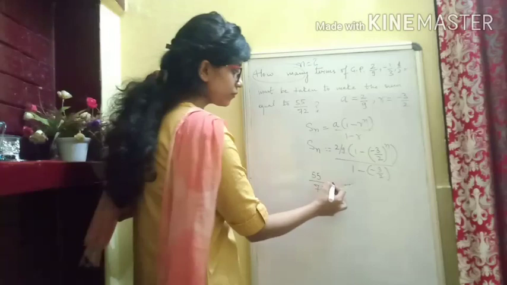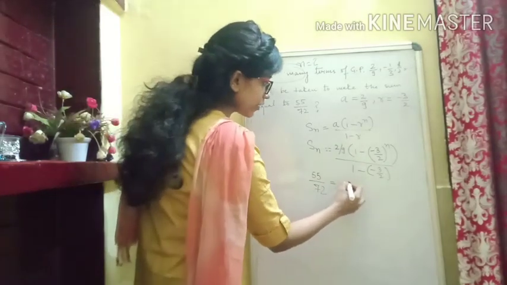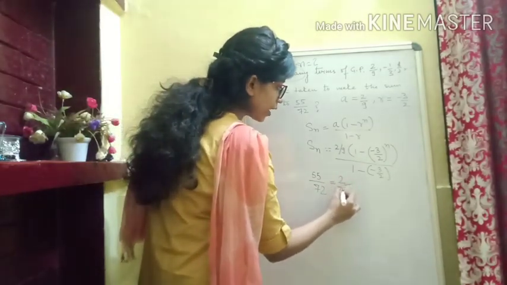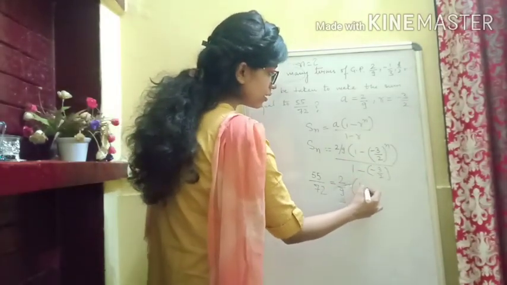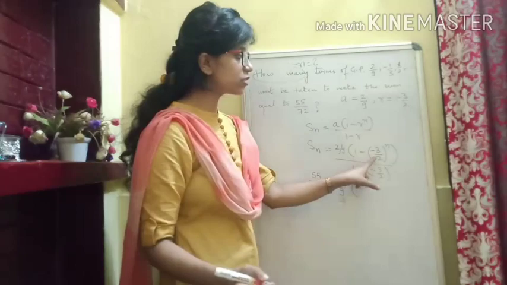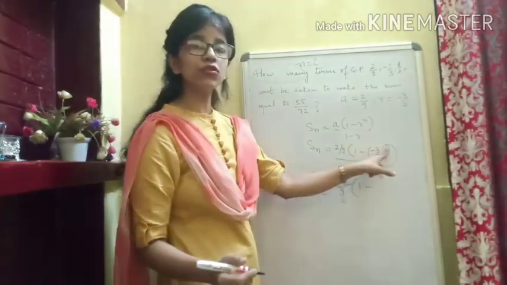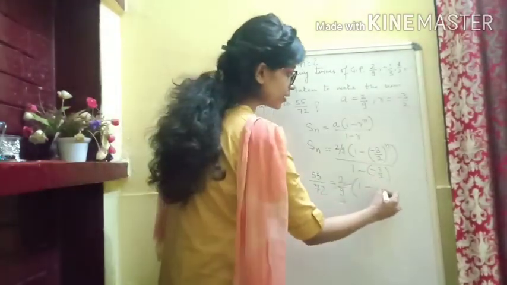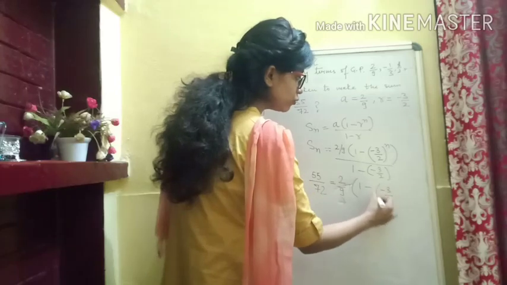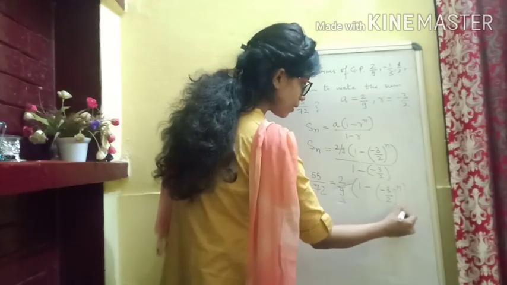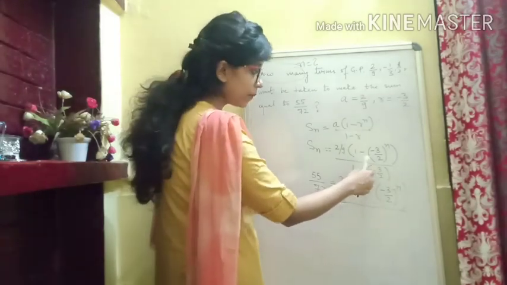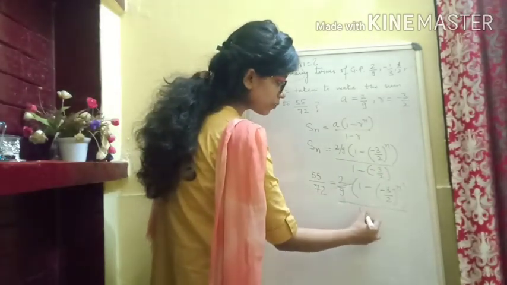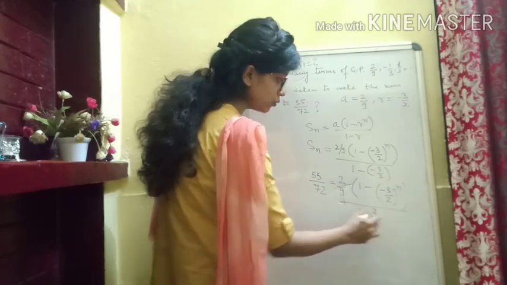Isn't it? Equals, now if I simplify it further, 2 upon 9 as it is. You see this is 1 minus, and right now we cannot do anything since we don't know the value of n. So we will write it like that, minus 3 upon 2 to the power n, upon what you get in the denominator. This minus and this minus will become plus. So eventually it is 1 plus 3 upon 2. Okay.